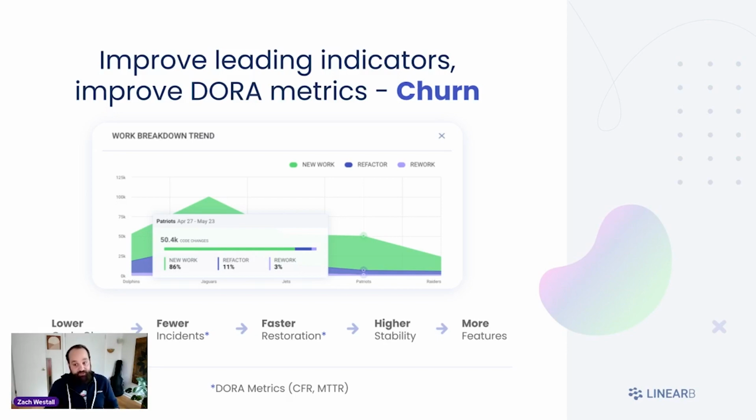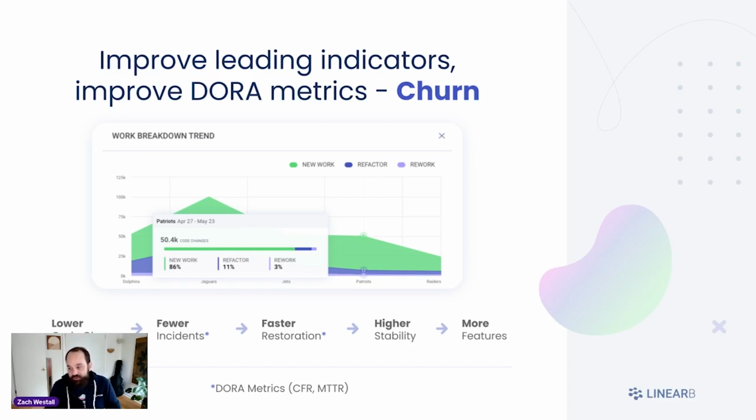Also, when you have fewer incidents and smaller PRs, which means overall less code, you have faster restoration, or your mean time to restore. Why? When PRs are smaller, when there's less code to comb through, when something does go wrong, you're able to respond more quickly.